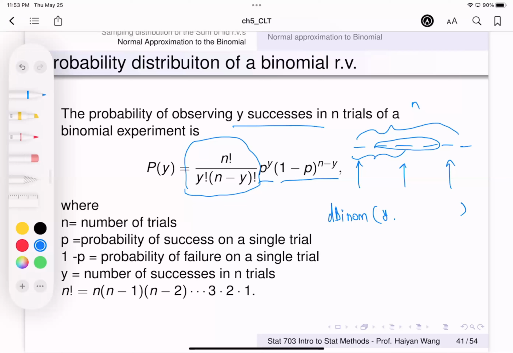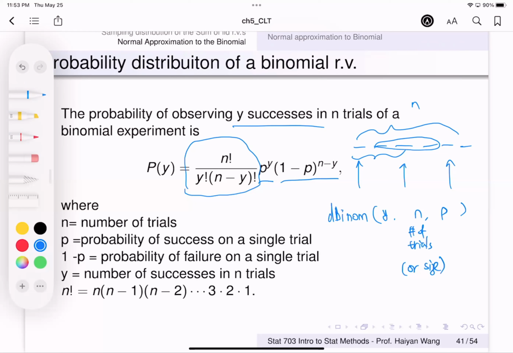So we are going to provide the n here and the p there. Generally the first argument is the y, the second is the number of trials, or call it the size.